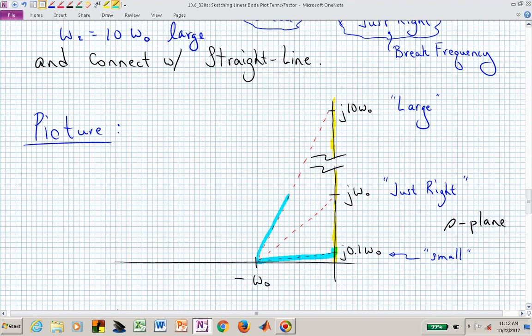So we're craning as much as we can, until 90 degrees. So we're transitioning from 0 degrees to 90 degrees over this 2-decade interval: a decade below the just right frequency, the break frequency, and a decade above it.